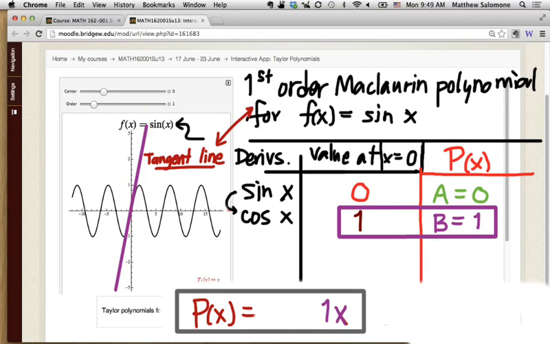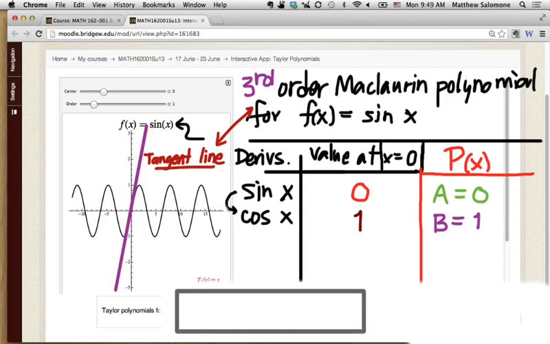So now we've matched up these polynomials up to first order. Let's suppose that we wanted more. Suppose we wanted to go up to third order instead of first order. Now, in addition to matching the value of the function and the value of its first derivative, we also are going to have to figure out the next couple of coefficients along the line.